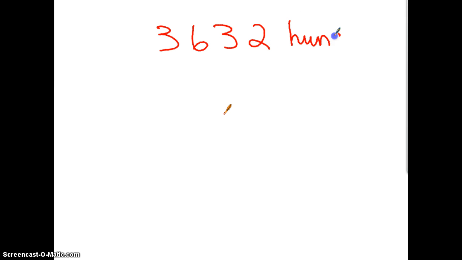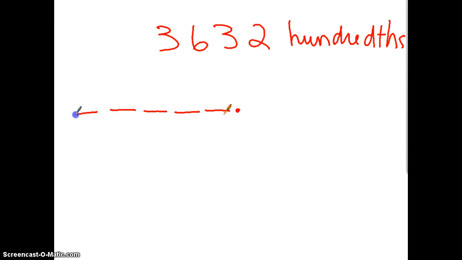So this was what was written beside of it. And I think the first thing that we recognized that Kaylee drew upon was that it's asking for what place? The hundredths.